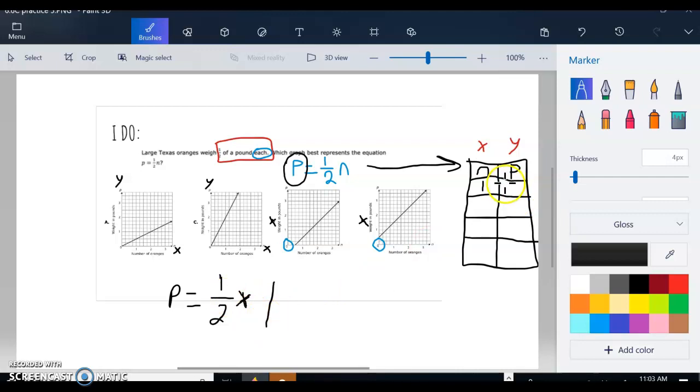So therefore, 1/2. I'm going to try my best, y'all. Bear with me. Okay? So we know that if N equals 1, then P is going to equal 1/2. So let's look at our graphs over here. Okay, let's look at answer choice A first. Remember, N is on our x-axis. We're going to go across 1 right here.